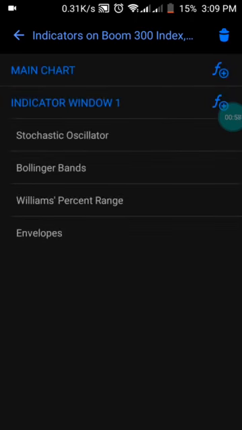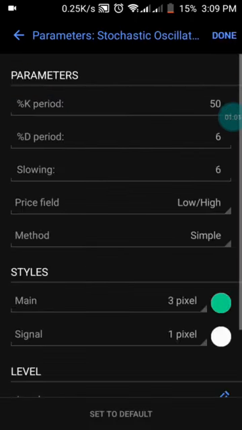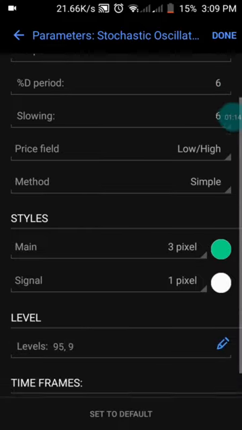Let me show you the settings of this strategy. I have my oscillator on the first window, where the percentage of K is 50, the percentage of D is 6, the slowing is 6, the price feed is low high, the method is simple, and I have my style in this color, so you just screenshot it the way I do it here.